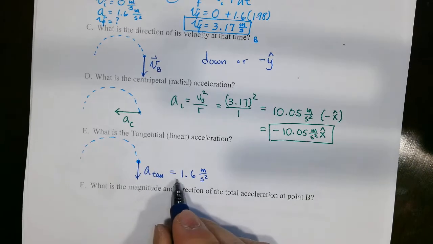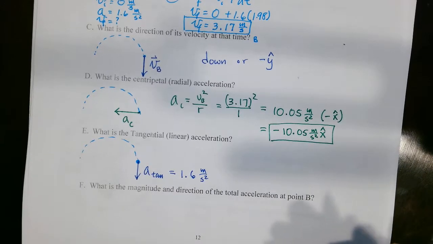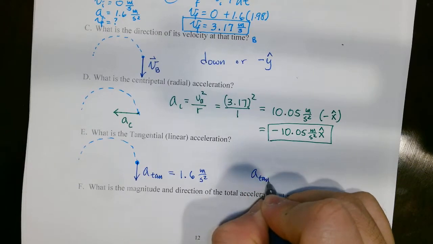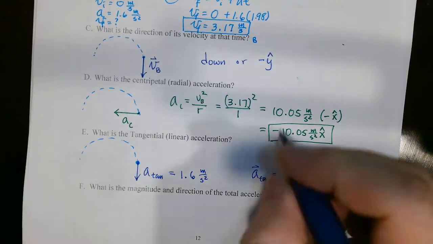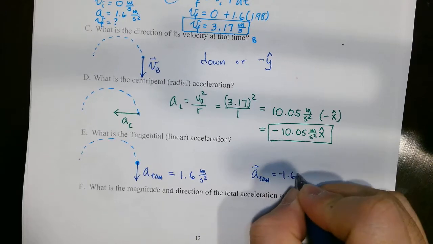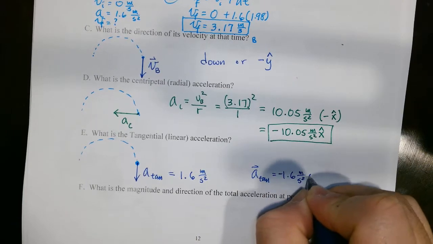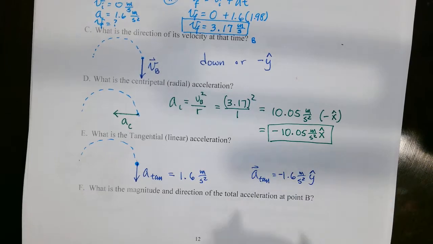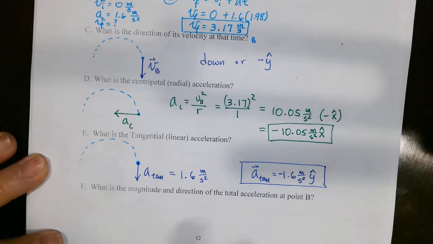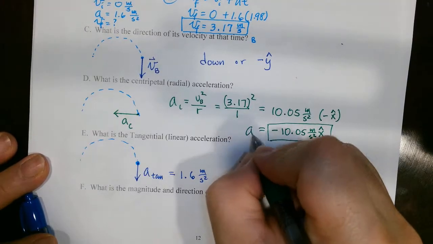And again, it will be negative y hat. Okay? So if you want, you can say A tangential is equal to 1.6 meters per second squared y hat. Okay? You could do it that way. And this will be the A sub c, A radial.